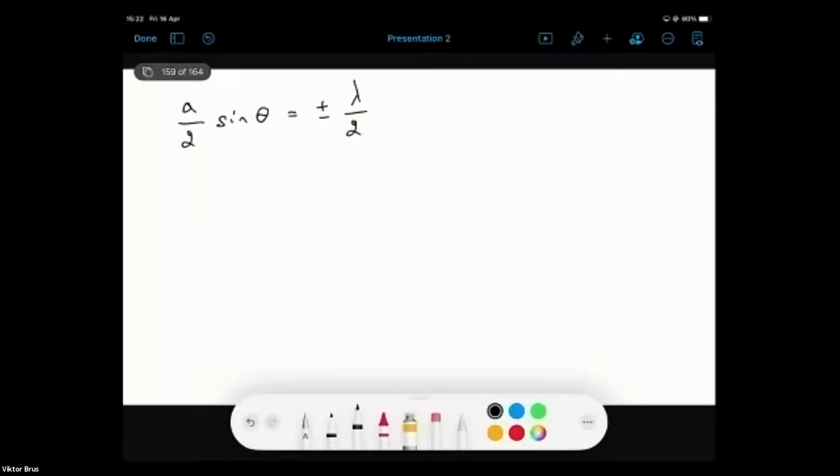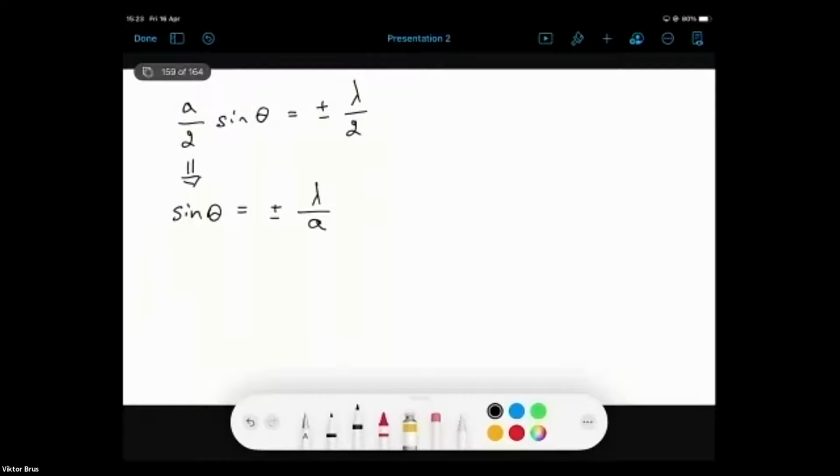Or we can rewrite this in another form: sine theta is equal to plus or minus lambda divided by A. So this is the condition for the case when we divide the slit in half.